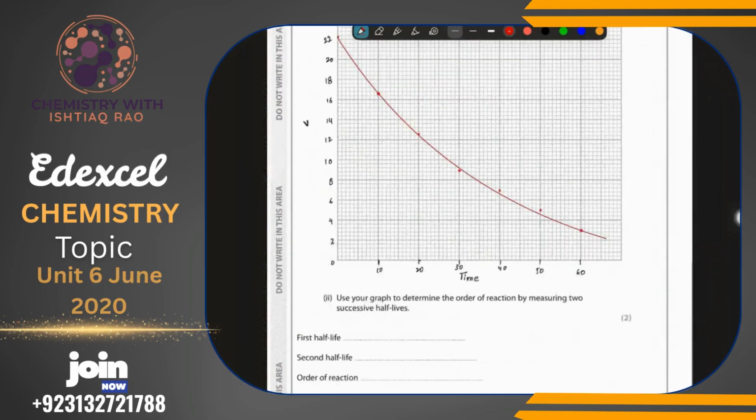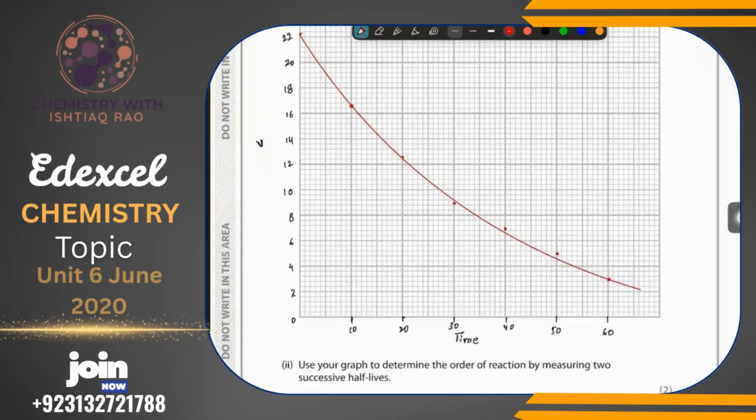Then for the second half-life, this one divided by 2 is 5.6, 5.75. Okay, now let's see: first half-life, second half-life.